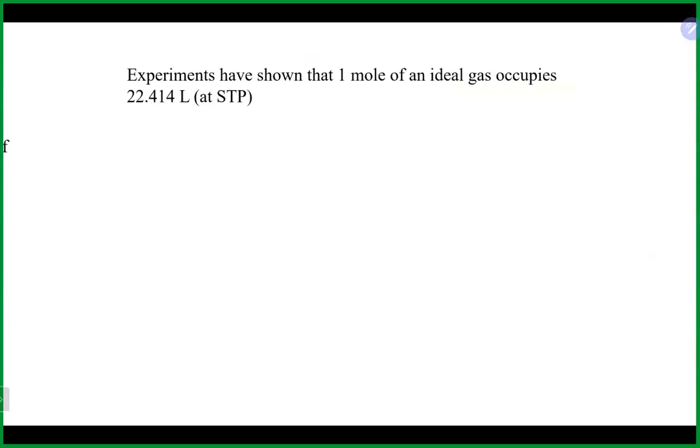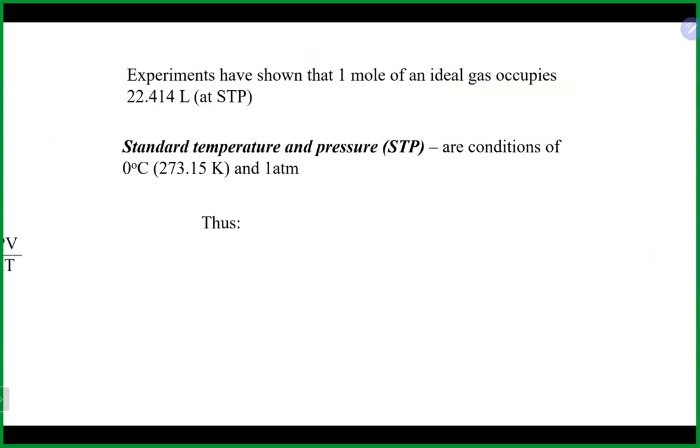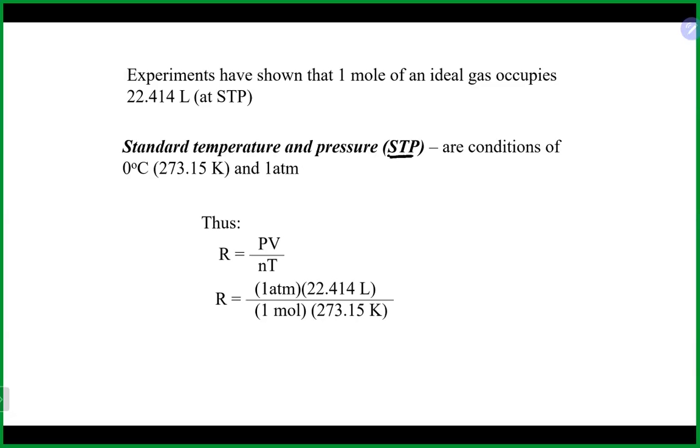All right, so let's continue on in our journey. We're talking about the ideal gas law and a couple other important things. First off, we'll start with this. STP stands for standard temperature and pressure. So when a problem says, what is it at STP, or this is being done at STP, they're giving you both a temperature and a pressure value.